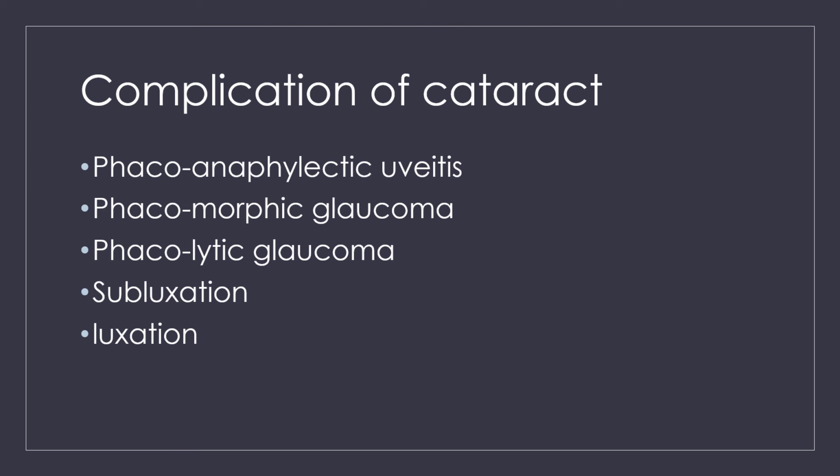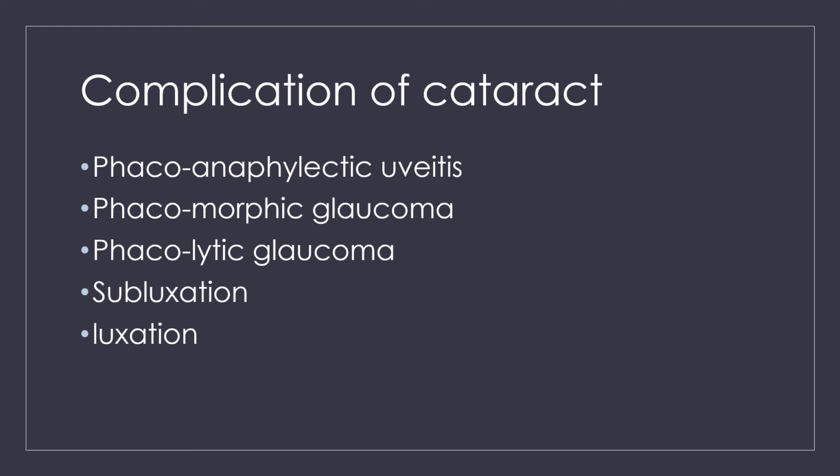Then there is glaucoma, which may be phacolytic or phacomorphic. Phacomorphic is when the cataract is intumescent and the lens has swollen up and the anterior chamber becomes shallow, and this leads to secondary angle closure glaucoma.